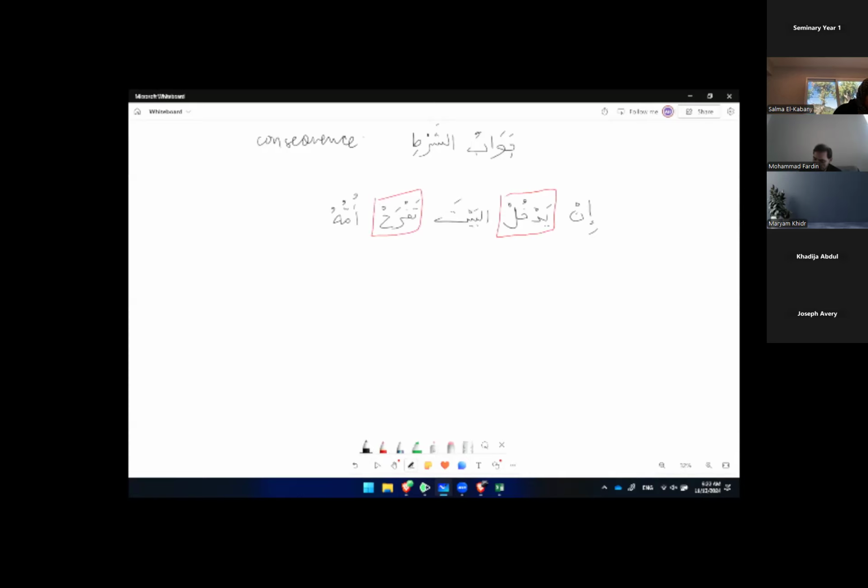Notice that in this one sentence, there are two majzum verbs. One that follows the in and then one that comes later on in the sentence.